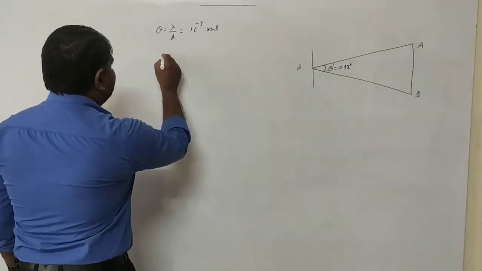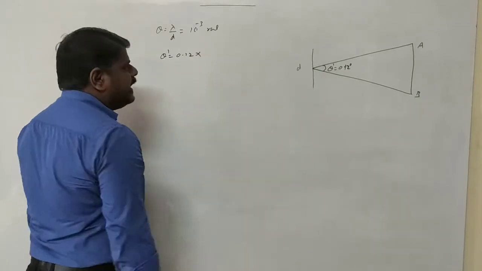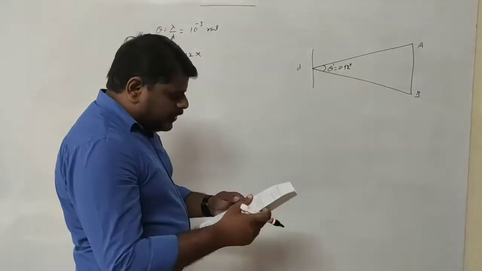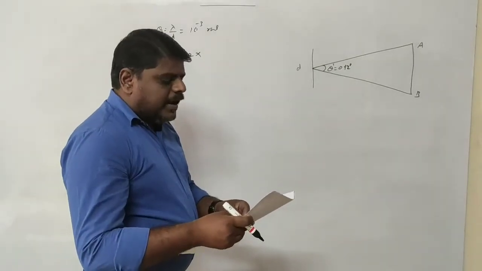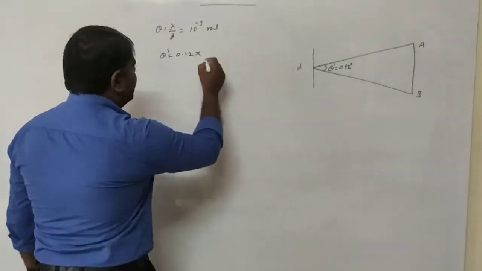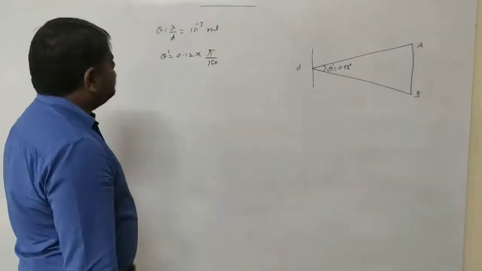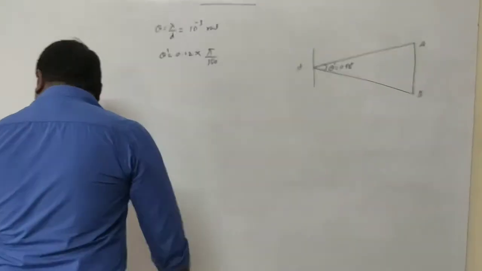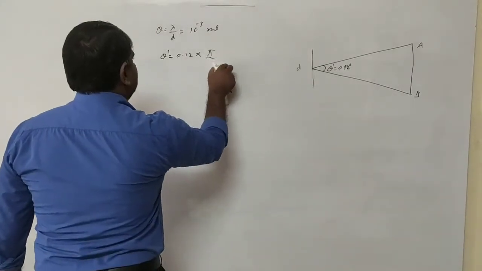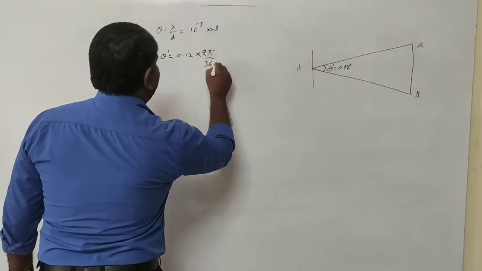So theta dash is equal to 0.12 into, since it is in degrees, you need to convert into radians by multiplying with pi by 180. Otherwise, you can use 2 pi by 360 also.